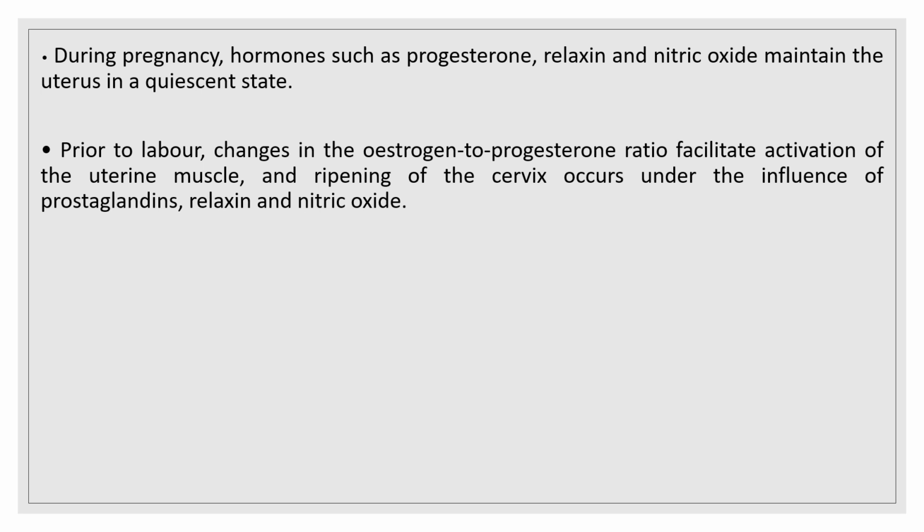Now prior to labor, changes in the estrogen to progesterone ratio facilitate activation of the uterine muscle. Ripening of the cervix occurs under the influence of prostaglandin, relaxin and nitric oxide. So at the later part of pregnancy, gradually the hormonal system prepares the uterus, the maternal system, for labor or parturition.